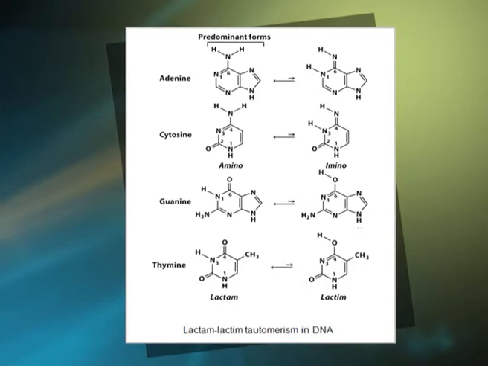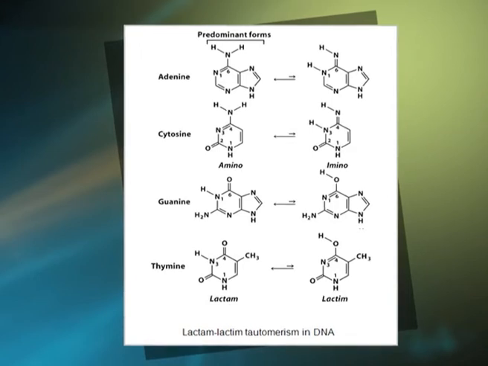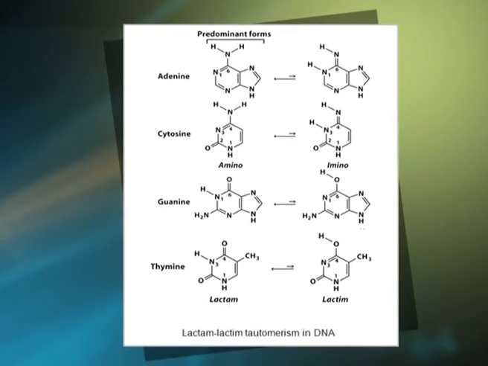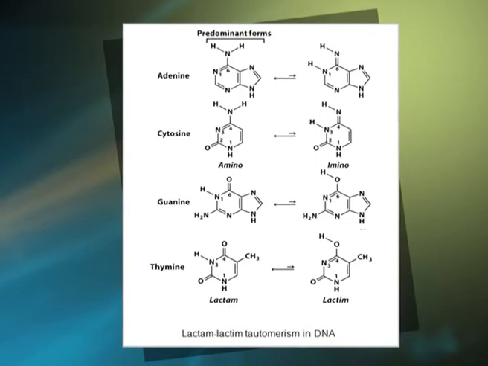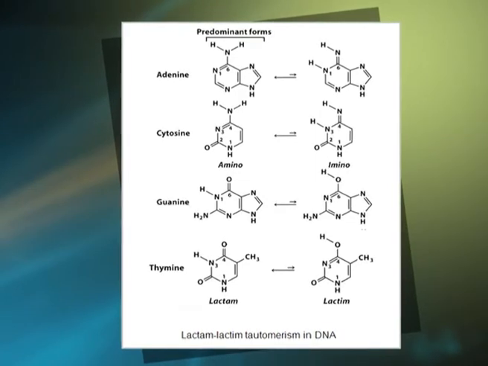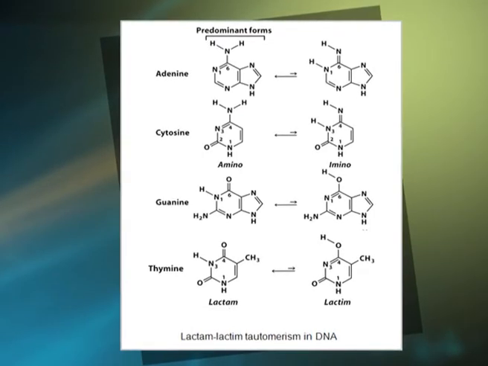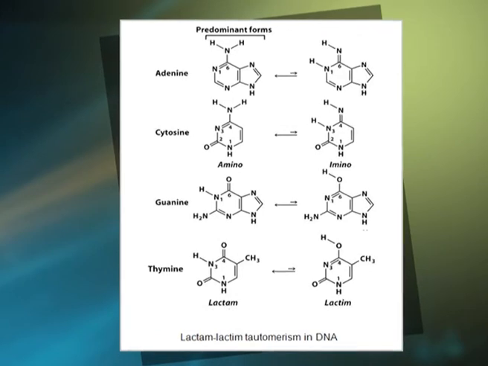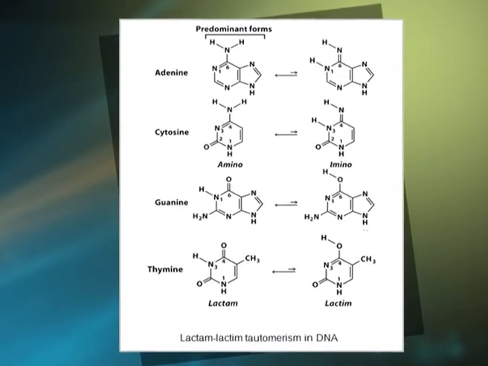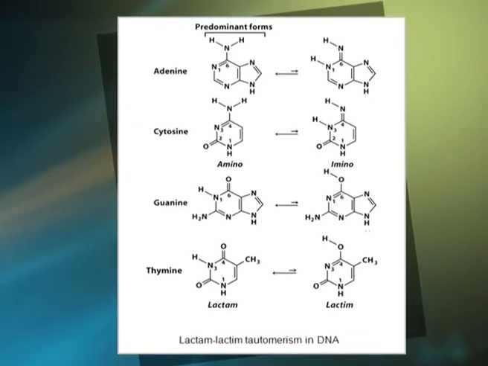Adenine and cytosine, which are cyclic amidines, can exist in either amino or imino forms, and guanine, thymine and uracil, which are cyclic amides, can exist in either lactam or lactim forms. The tautomeric forms of each base exist in equilibrium, but the amino and lactam tautomers are more stable and therefore predominant under the conditions found inside most cells.